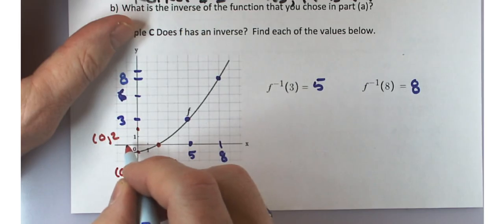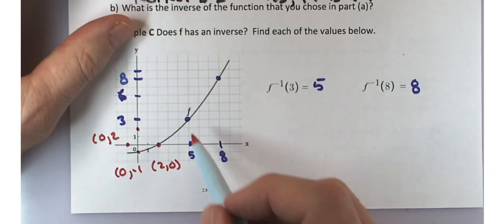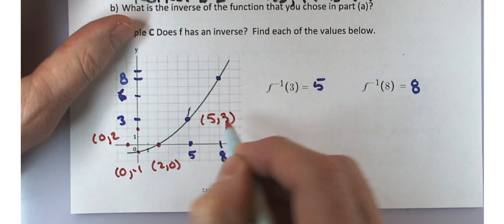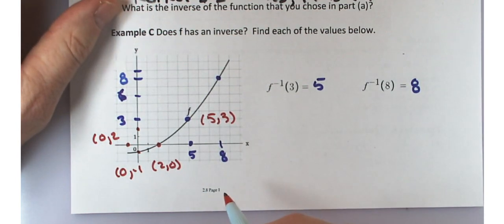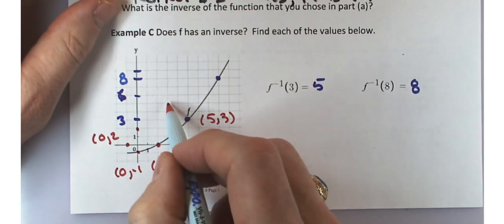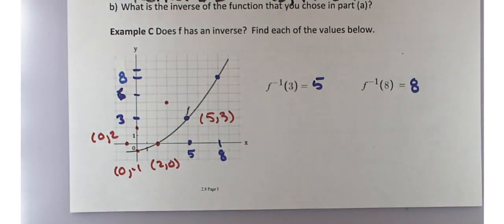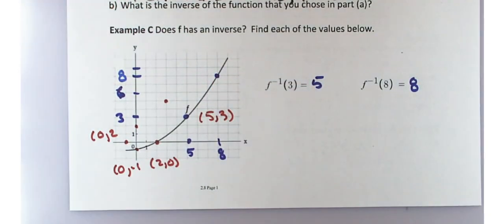That means my inverse graph should be at -1, 0. About. How about this point? It has coordinates of 5 and 3. Where should my inverse point be? 3, 5. It's going to be up here. I think I've got enough to graph this. Interestingly enough, my point at 8, 8 is going to be the same in both graphs. So that's okay. Let's see if we can play connect the dots.